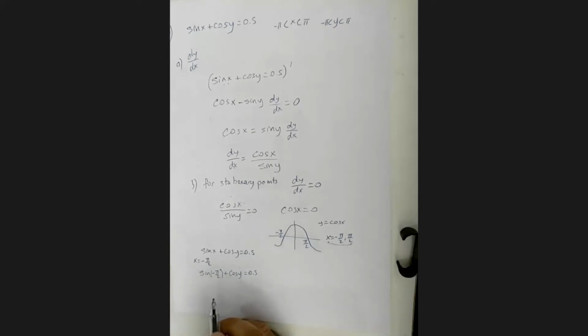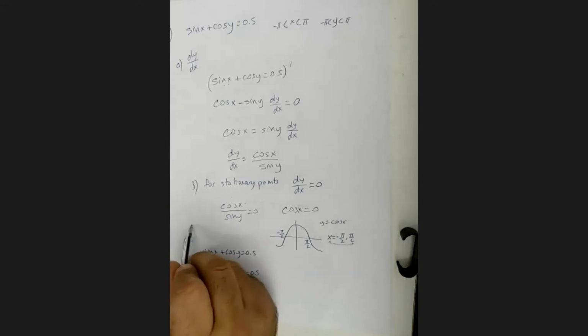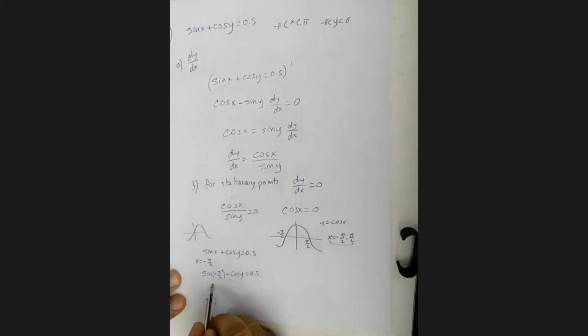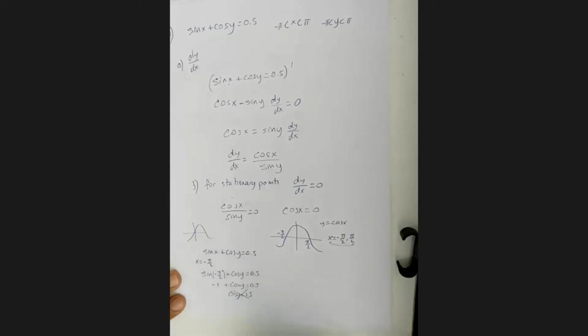What is sin negative pi over 2? Let's remember the sine curve. This is negative 1 plus cosine y is equal to 0.5. Cosine y is equal to 1.5. No answer for that.